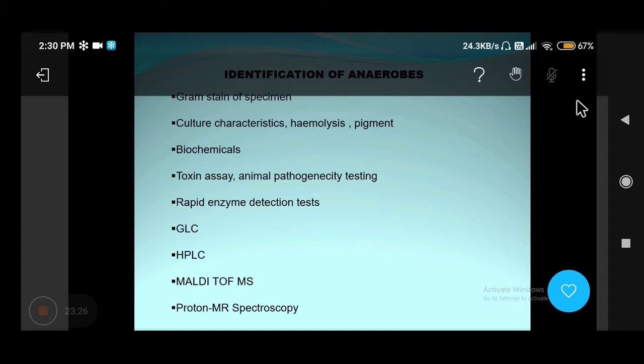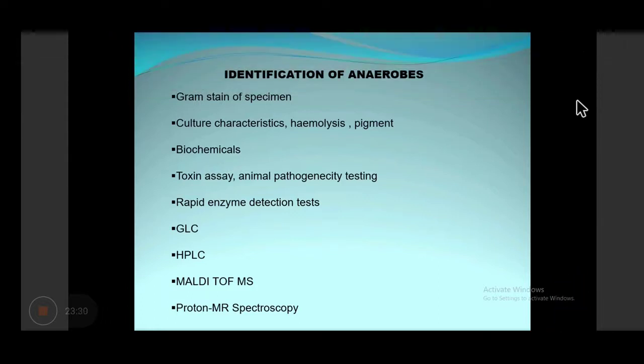So based on the hemolysis and the pigment production, we will characterize the colonies and the type of bacteria.